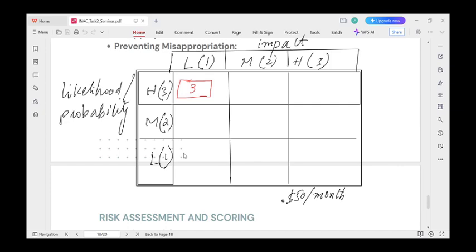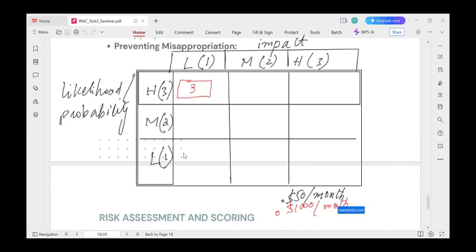Then, let's say we are just sticking with the inventory. There is another employee who, there is a likelihood that he is misappropriating some of the inventory as well. And the company is having a loss of approximately 1,000 each month.